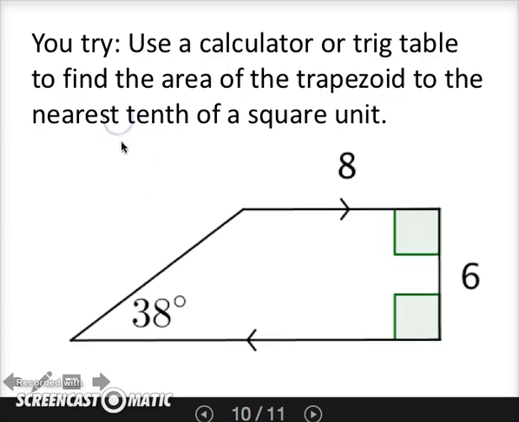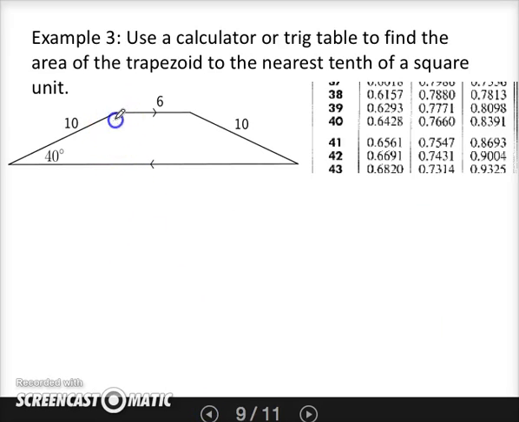My next job is going to be to find the height of this trapezoid. The height is, I'm going to call that y so that I don't get it confused with the measure of the hypotenuse. I still have my 40 degrees here, and y is the leg opposite from the 40 degrees. So I have sine of 40 degrees is opposite over hypotenuse, y over 10.